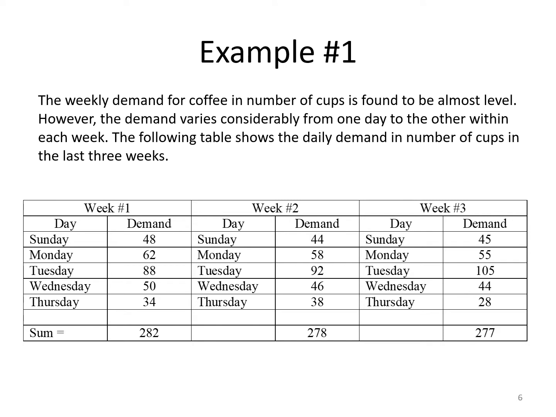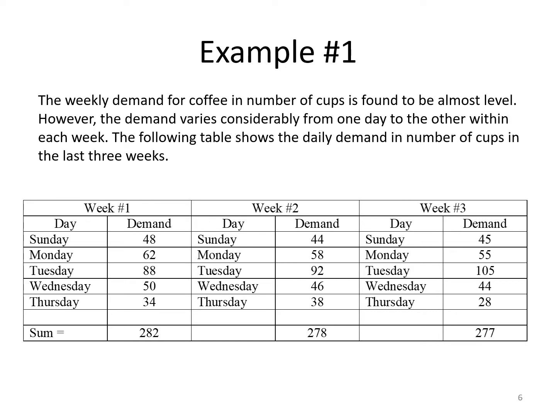Now, let us see an example of how the seasonality factors can be determined for an application in which the demand is almost level and it exhibits some seasonality changes. So in this example, as you can see, we are talking about the weekly demand for coffee in number of cups.